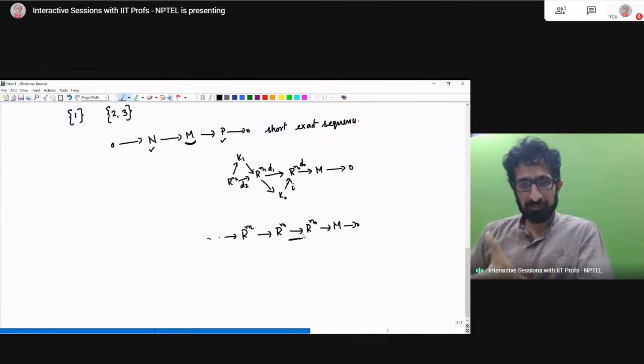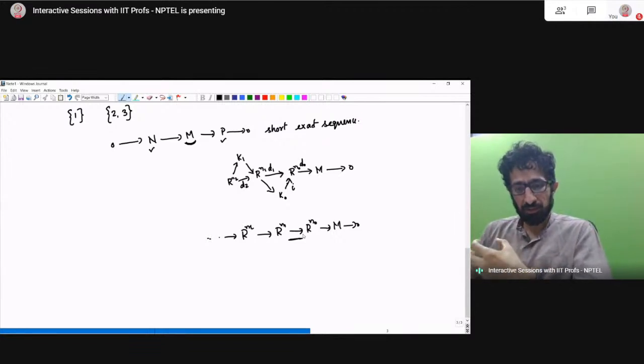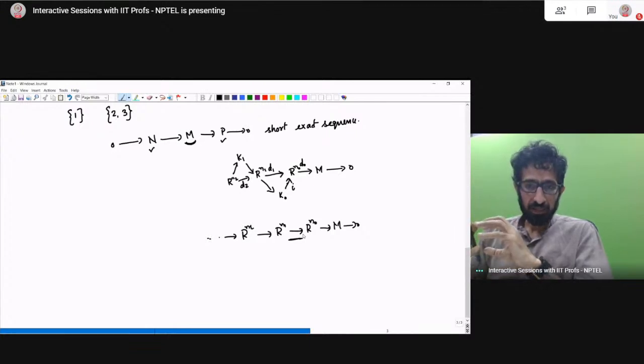So this looks into the structure of M in a lot of detail.